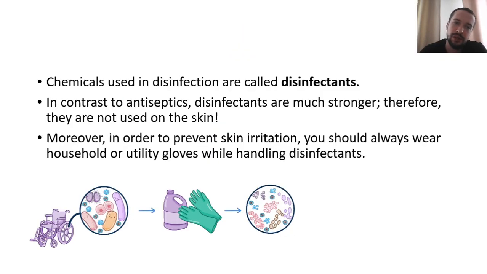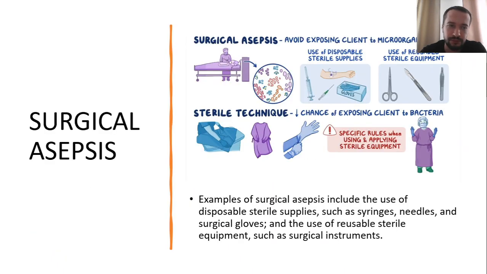Chemicals used in disinfection are called disinfectants. In contrast to antiseptics, disinfectants are much stronger, therefore they are not used on the skin. Moreover, in order to prevent skin irritation, you should always wear household or utility gloves while handling disinfectants.